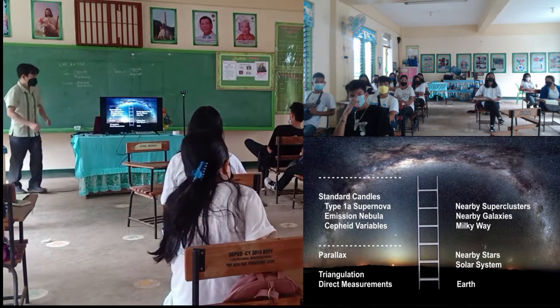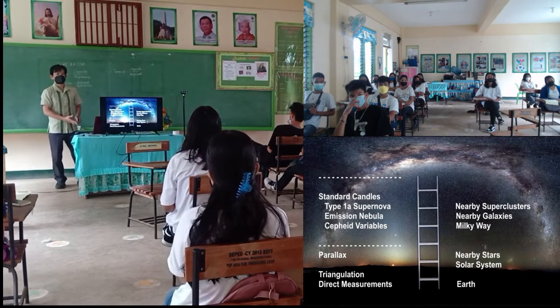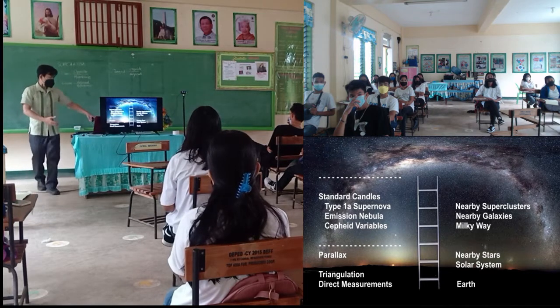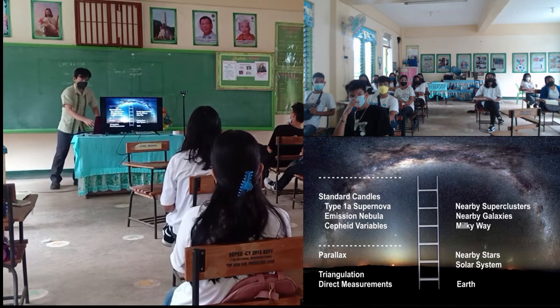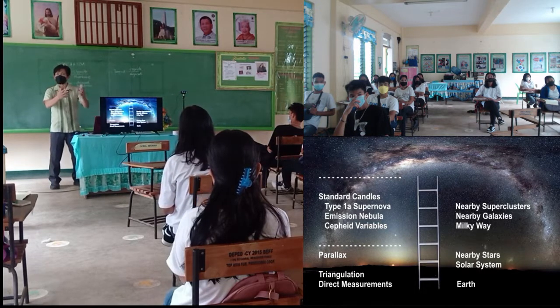Okay, so those are the steps involved in the measurements of the celestial objects. Starting with the measurements of Earth, then the nearest star, the Sun, then the nearby stars, then the galaxies.